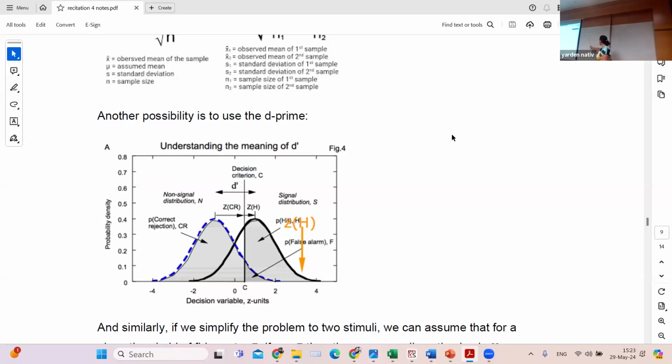Because it doesn't matter where I took this line that says this belongs to this distribution and this belongs to this. If they are the same, I'll be mistaken at the same level. So we can have this ROC curve. It is based on this idea that I can move the Z, and if the two distributions are basically unequal, I can take almost every Z and I will be right.